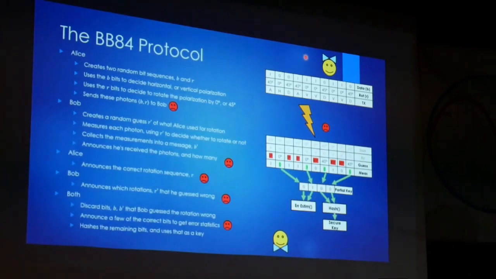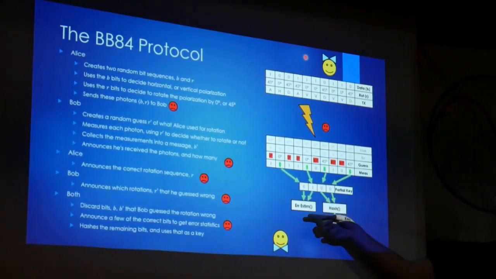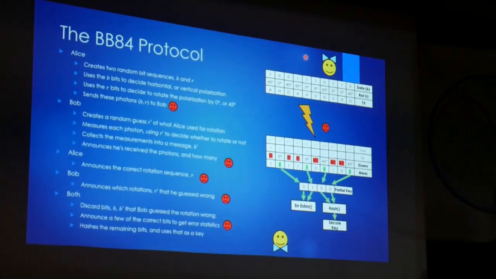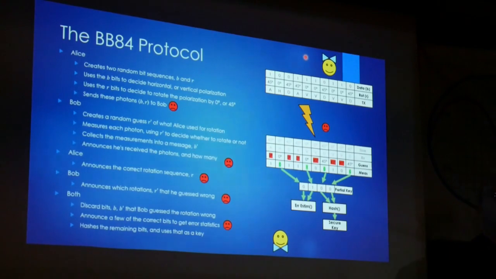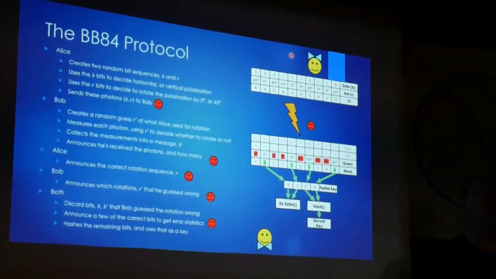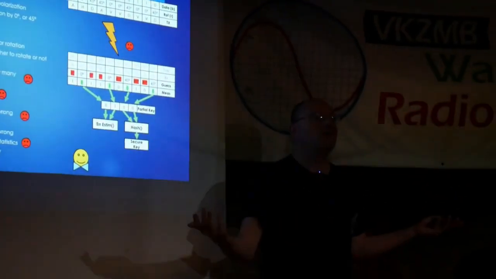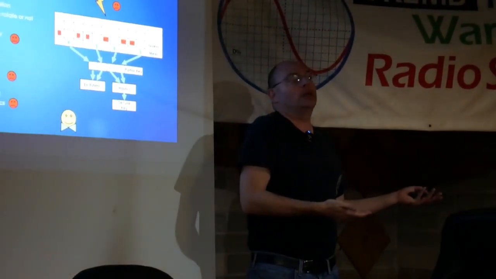And we just accept that. And eventually we say, how many errors did I get? Remember that second half of the things that I threw away just for estimating the channel was to decide whether or not I got enough to work with. So this is a very lossy process. Again, this is why we only use it for rebuilding the keys. And once we have the key, we use regular encryption. That can be eavesdropped, but it's already encrypted. So who cares? They just eavesdrop on garbage or encrypted data.